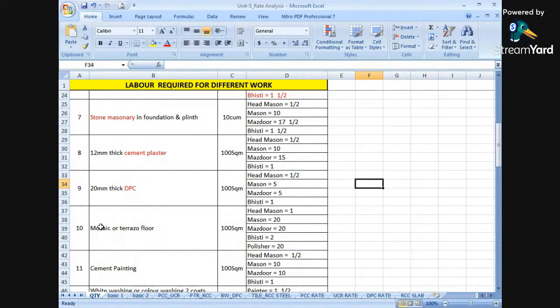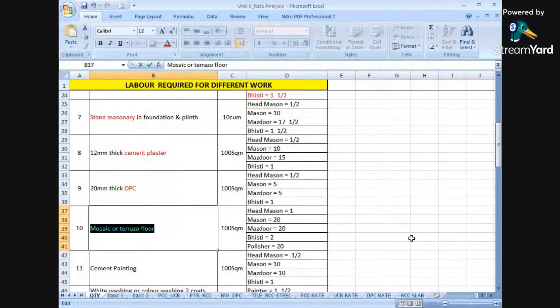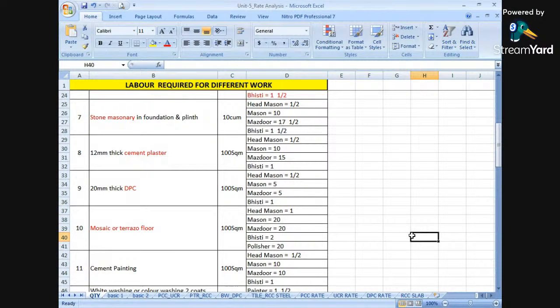Okay. Next, number 10 is mosaic or tile, that is the terrazzo flooring. Mosaic or terrazzo flooring is again measured in square meters. So head mason required in this case is 1. Mason requires 20, mazdoor requires 20, bisti requires 2. What about this polisher?